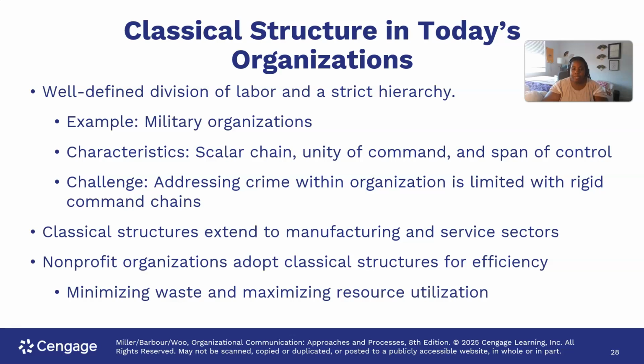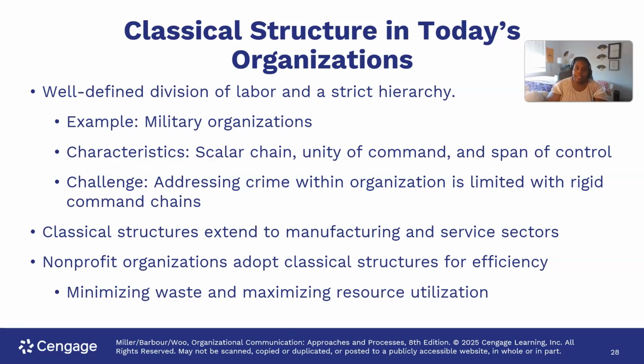So with these type of organizations, and especially to deal with modern problems, they have to expand and make sure that they do protect the people within these organizations and not just rely on rigid command chains to obstruct justice. Classical structures extend to manufacturing and service sectors.